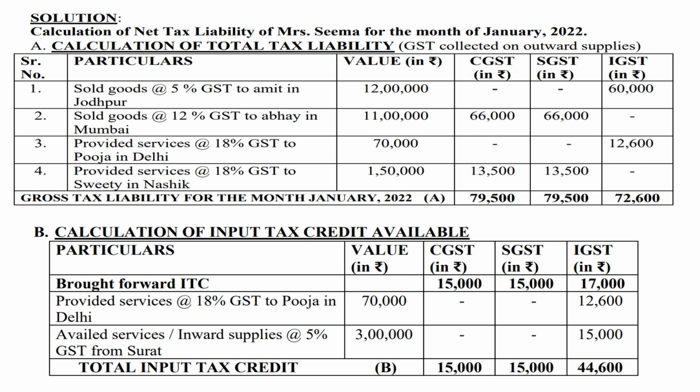Now if you take the total, we have an opening balance of 15,000. So we are writing total 15,000 in CGST, SGST 15,000 and IGST. But when we calculate our net tax liability, we are not going to take this 15,000 opening balance again.